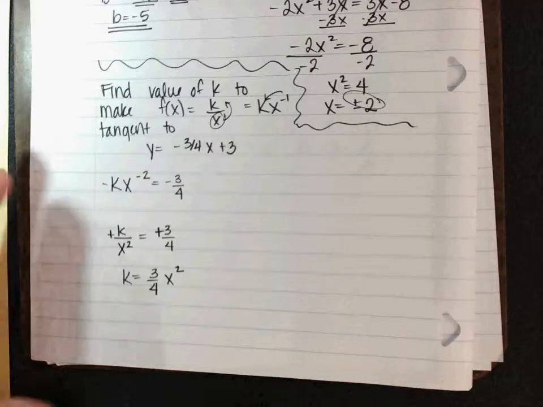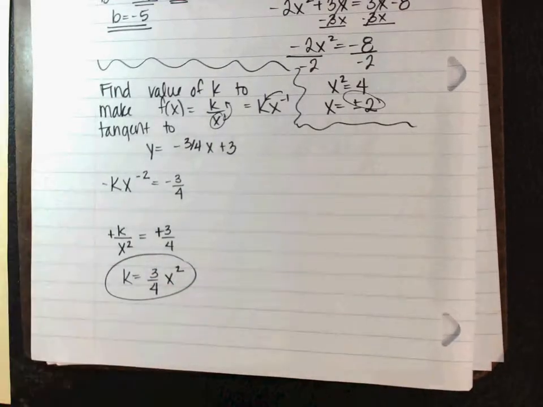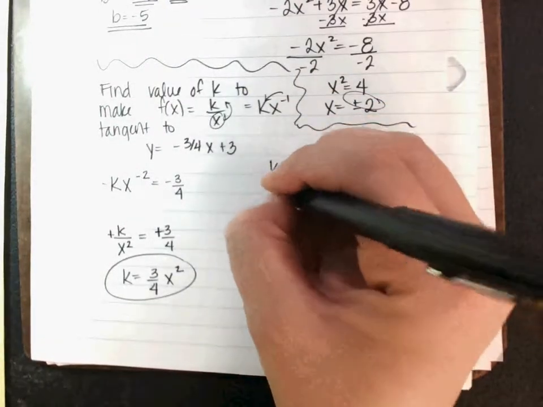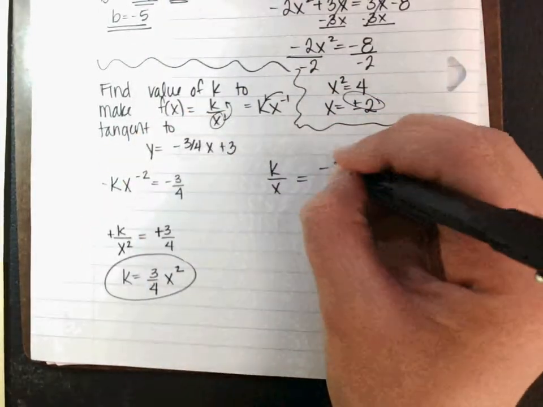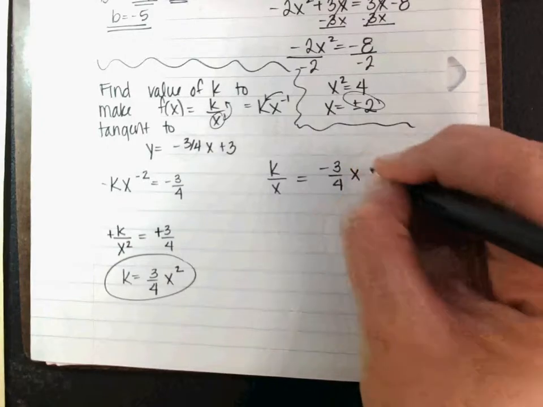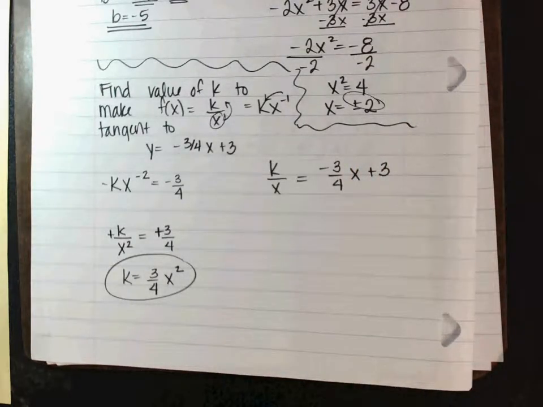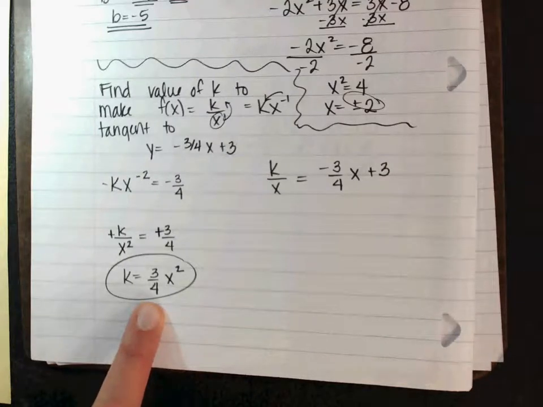Okay, then we're going to take that, and we know that we're going to use it as a substitute when we set the originals equal. So our derivatives are equal, now we're setting our originals equal. So this is my f of x, k over x. This is my line, negative 3/4 x plus 3. And then when I get to my k side, I'm going to plug that in instead.